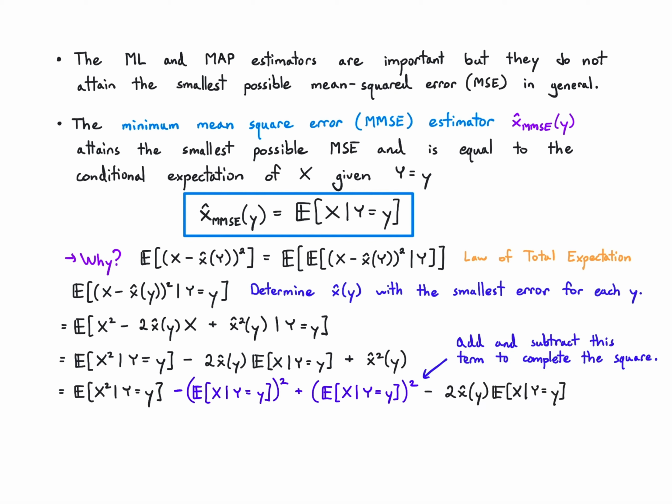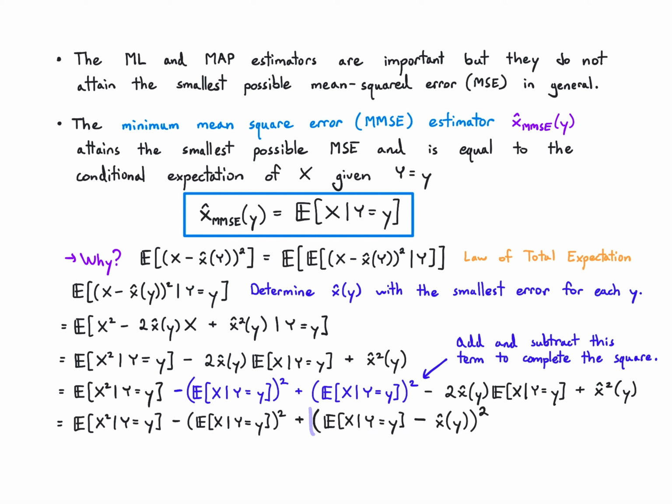So I'm adding these terms, and I'm going to leave the first two terms untouched. These last three terms turn out to be the conditional expectation minus the estimator, squared. So by adding and subtracting this conditional expectation squared, I've created this square minus some other term. The interesting thing then is that this thing in the box is the only term that I actually have any control over.